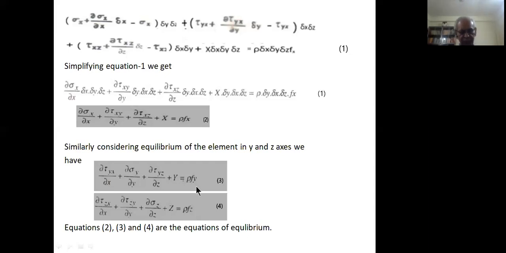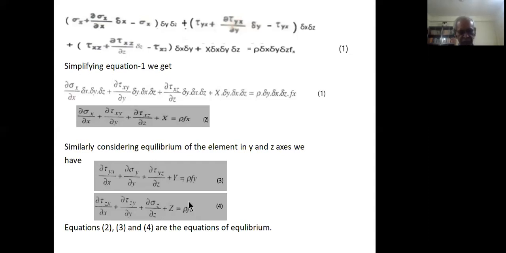I will repeat this for you to understand it easily. Remember the stress matrix. The second row of the stress matrix is tau xy or tau yx, sigma y, and tau yz.